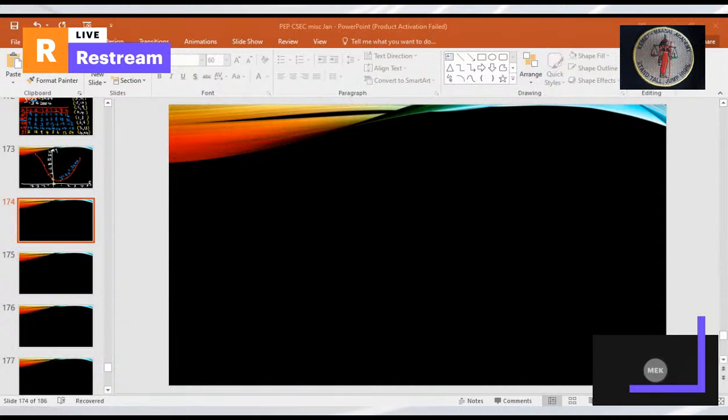Today we're looking at algebra and we are going to continue our look at solving linear equations. A linear equation will have a variable, and by the way, this is solving linear equations with one variable.